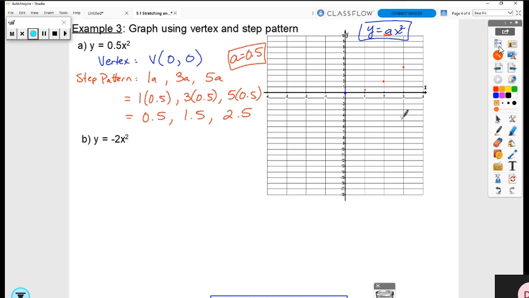It's so nice that parabolas are symmetrical, because you can almost stop thinking about step pattern and just try to mirror the other side. Over 1, up 1/2, over another one, up 1.5, over another one, up 2.5. And then we try our best to create some sort of smooth curve. Like that.